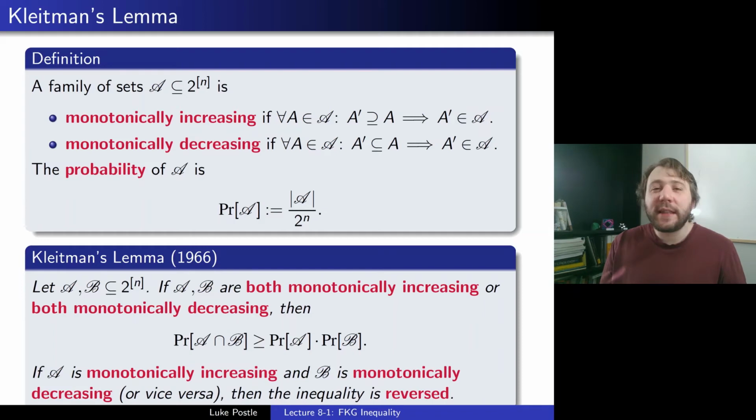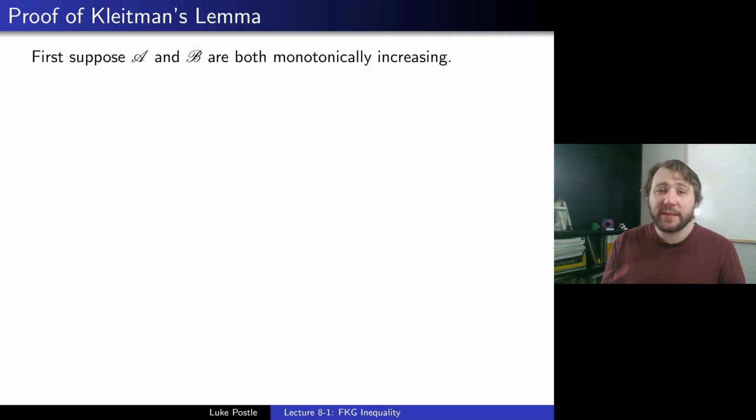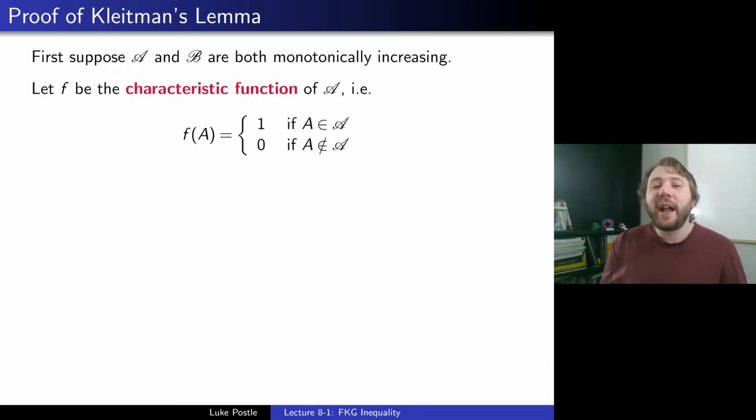So that's Kleitman's lemma. Let's go ahead and prove this. We can just derive it. You could derive it from the Four Functions Theorem, but we can also derive it from the FKG inequality. So first, suppose the families A and B are both monotonically increasing. What would you do here?